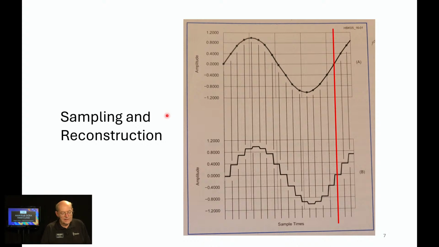Now in sampling and reconstruction, we saw this before. We saw the samples at each of these dots. And then when we reconstruct that waveform, because we're sampling at these discrete points, that's all that the waveform is going to know about. It doesn't know what's happening in between, but for a sine wave or for most speech material, this can be smoothed out.